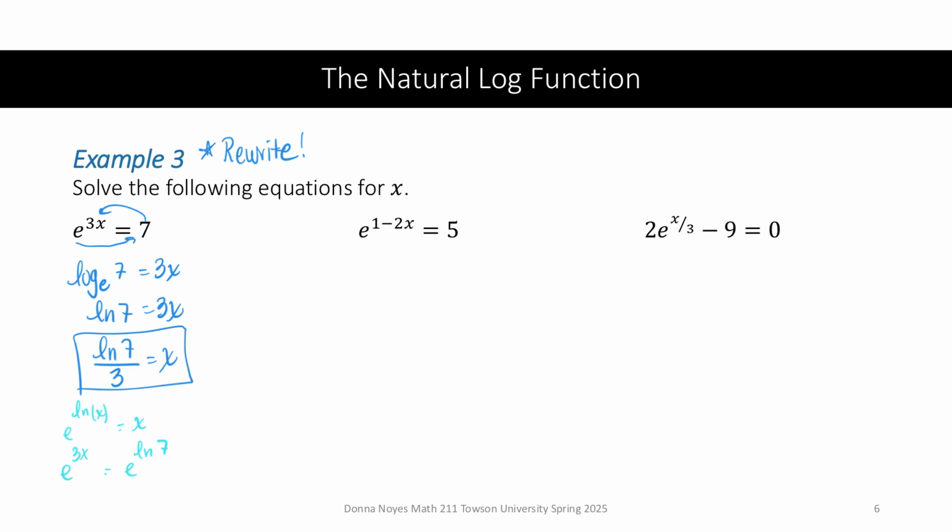So it's a little tricky, but you could do that. And then what we know about equating things that have the same bases is that this equal sign means that 3x has to be equal to the natural log of 7. So x is the natural log of 7 over 3.